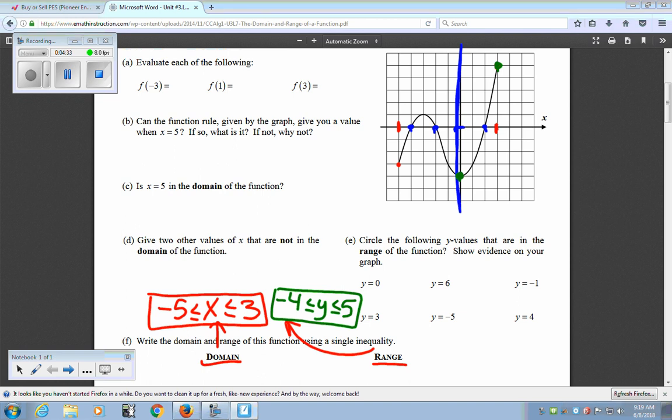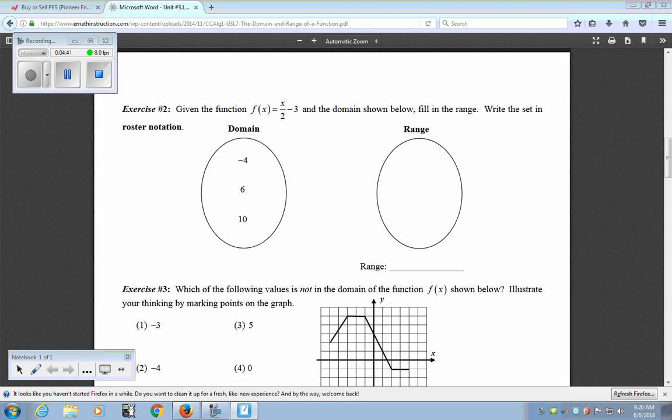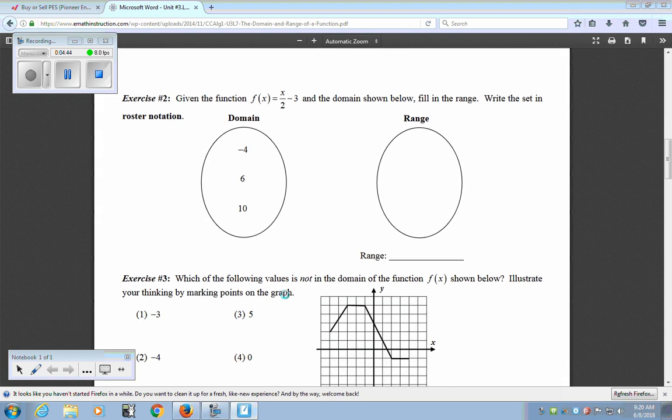Now, we're going to move on to exercise 2 on the back. I'm going to get you started with that one. This one gives you a function. They call it f of x. They give you certain domain values, and they want you to fill in the range. So to find each value, you're just going to substitute the domain value in.